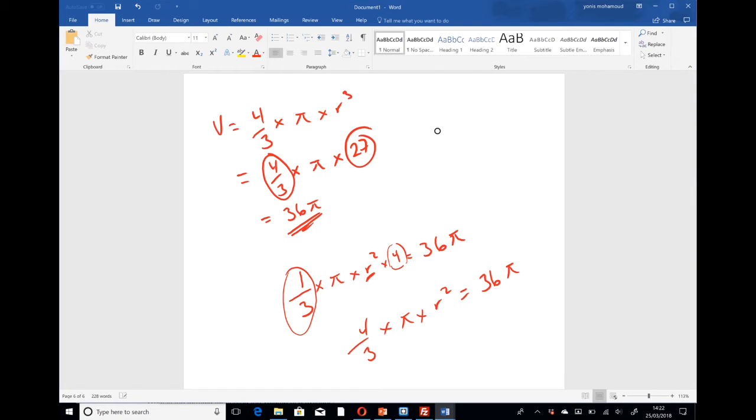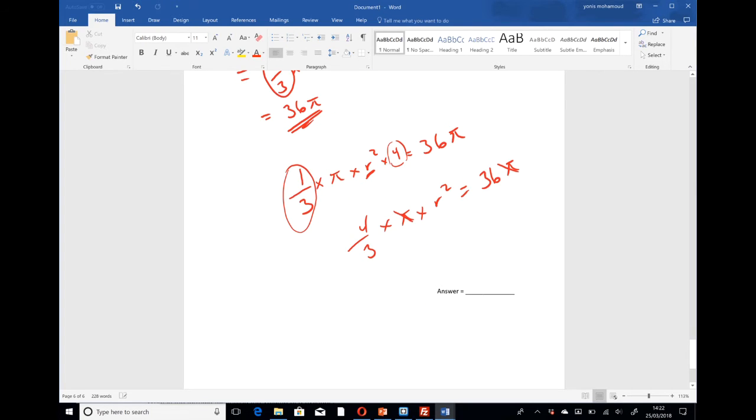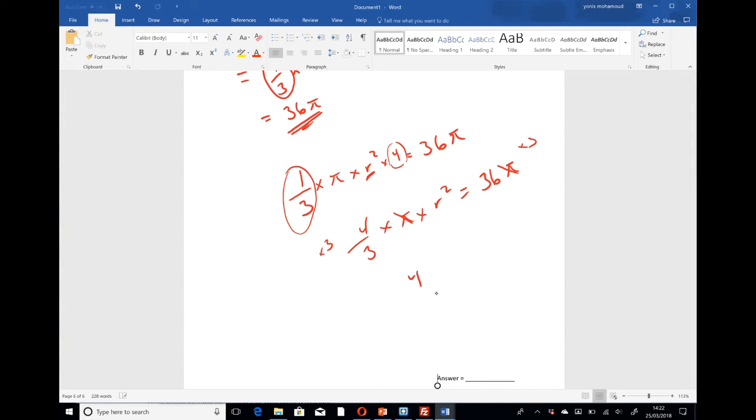Both pi's will cancel out as they appear on opposite sides, and we can get rid of the 3 by multiplying both sides by 3. Now we're left with 4r squared is equal to 36 times 3, which is 108.